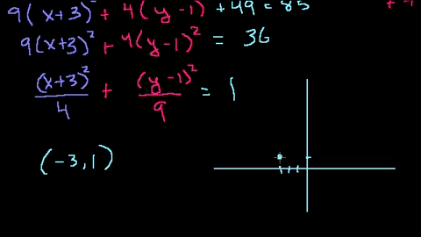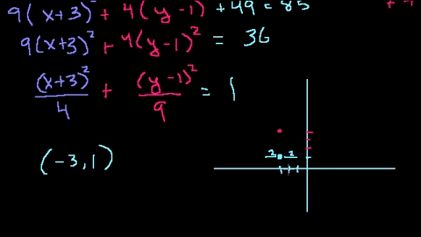So that's the center. And then what is the radius in the x direction? We just take the square root of this, so it's 2. So in the x direction, we go 2 to the right. So this is 2. And we go 2 to the left. That's 2. And in the y direction, what do we do? Well, we go up 3 and down 3, right? The square root of this. So let me do that. We're going to go through, see, 1, 2, 3.